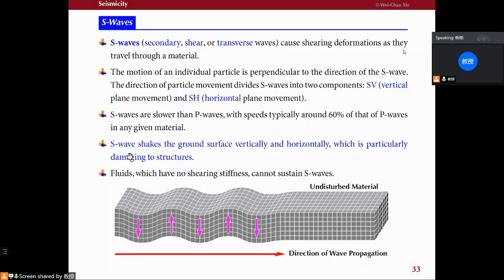Fluids which have no shear stiffness cannot sustain S waves.